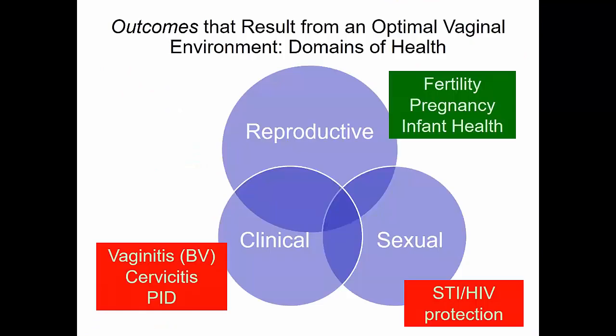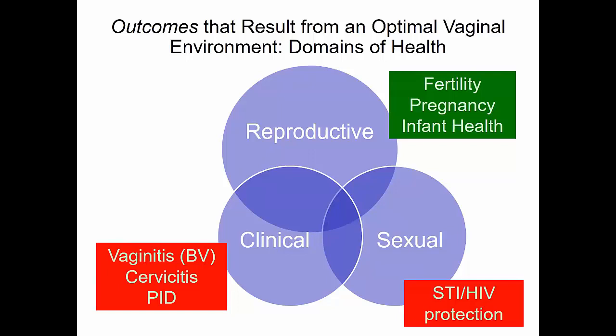So this is kind of how I've put it together in terms of the outcomes domain. And I think for whatever you do in clinic, even if you're a person who's never looked under the microscope or done a pelvic exam, I think you can probably appreciate this.